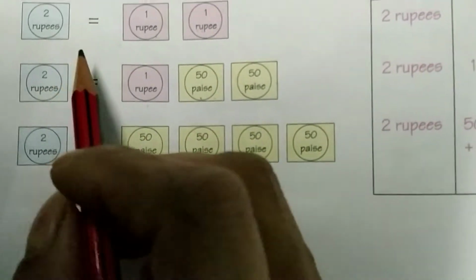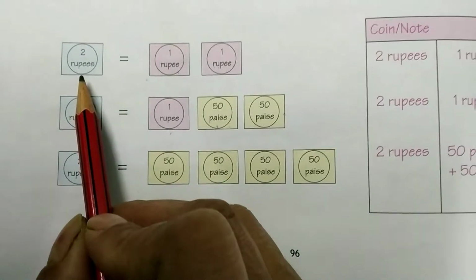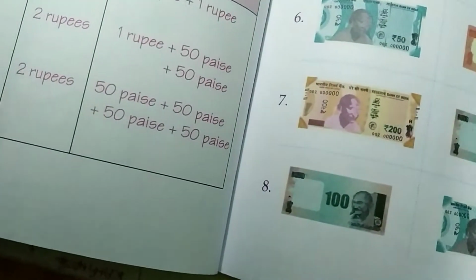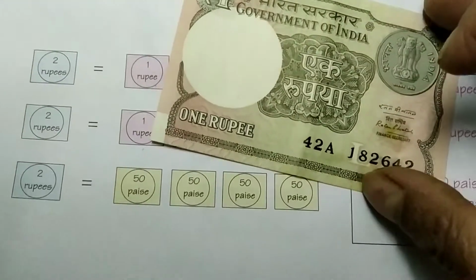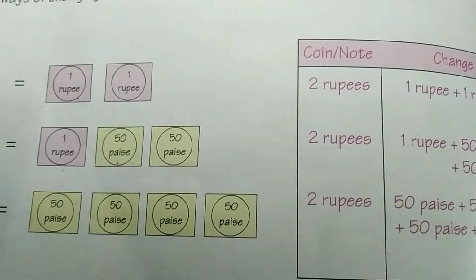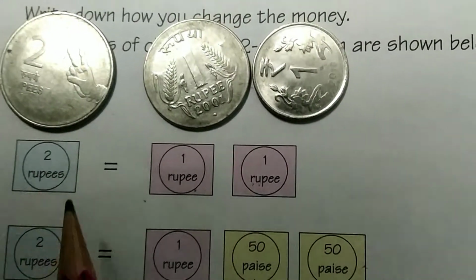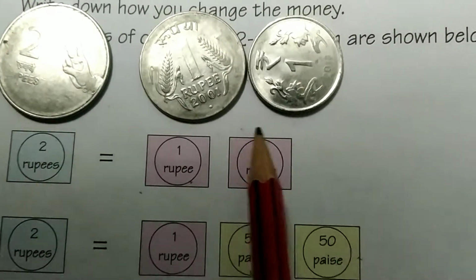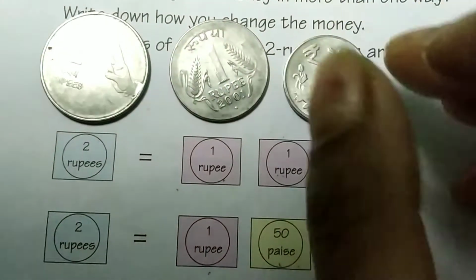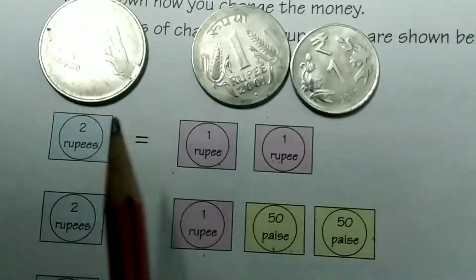Now the game is, if we are talking about 2 rupees, so 2 rupees is equal to 1 rupee plus 1 rupee.